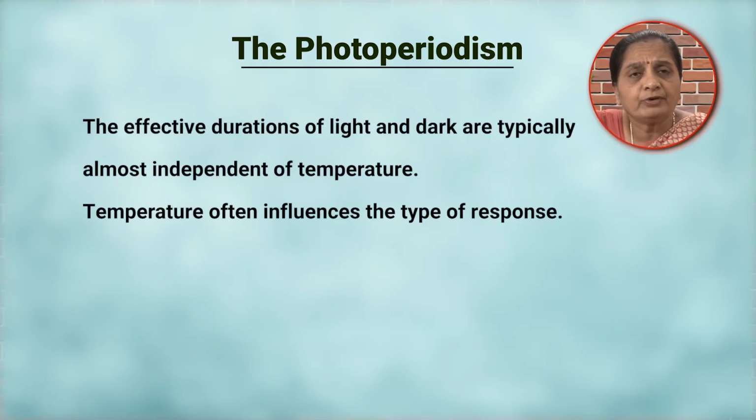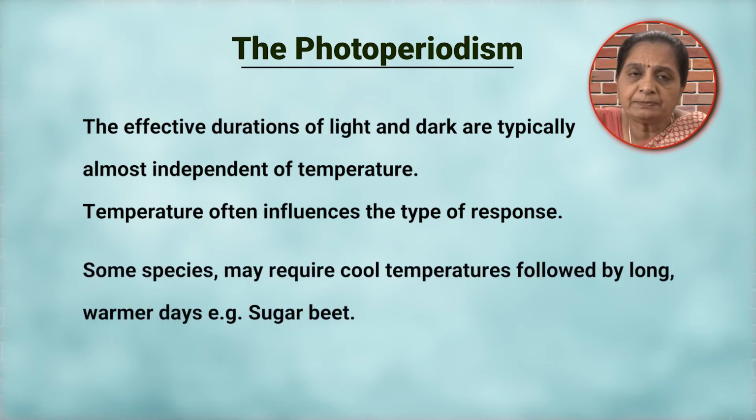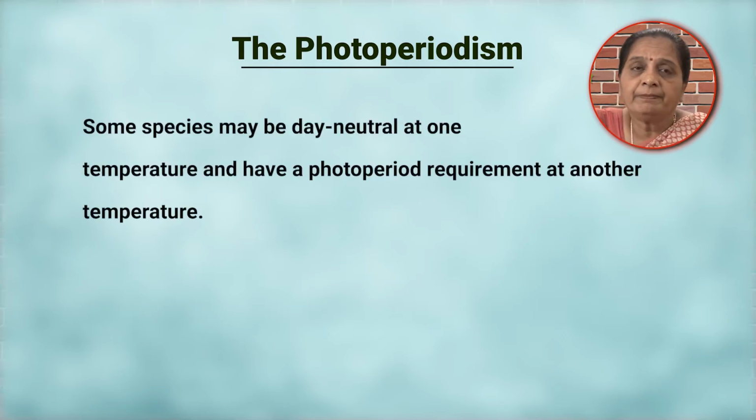The effective duration of light and dark are typically almost independent of temperature. Temperature often influences the type of response. Some species may require cool temperature followed by long warmer days, for example sugar beet. Some species may be day neutral at one temperature and have a photoperiod requirement at another temperature.